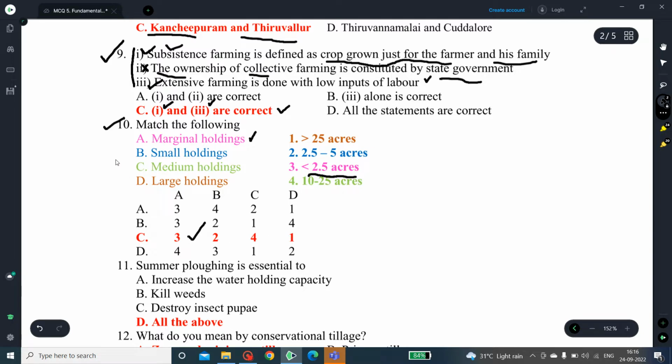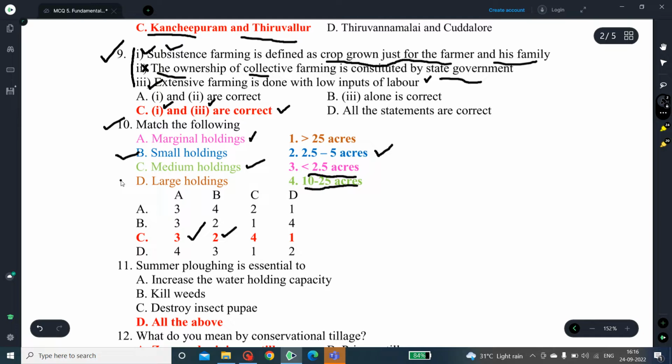As far as small holdings are concerned, they consist of 2.5 to 5 acres. And medium holdings consist of 10 to 25 acres.